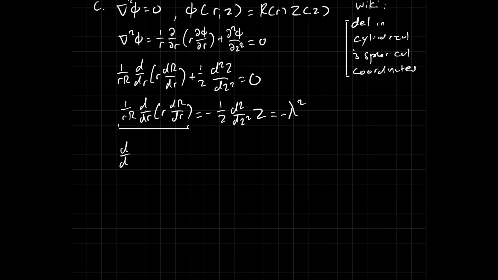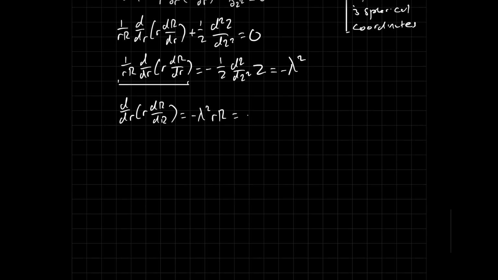So we have this equals negative, but then this also equals r d squared R/dr squared plus dR/dr here.